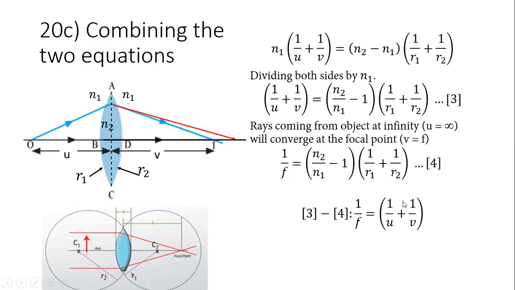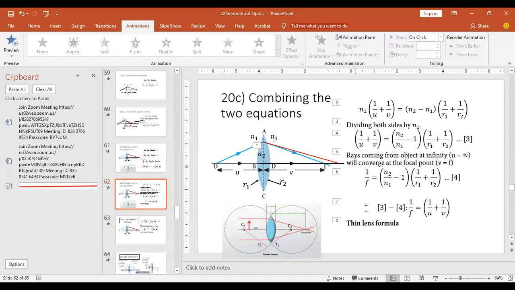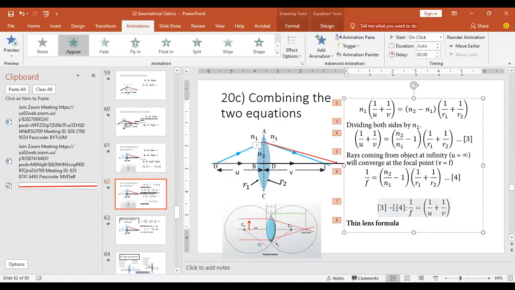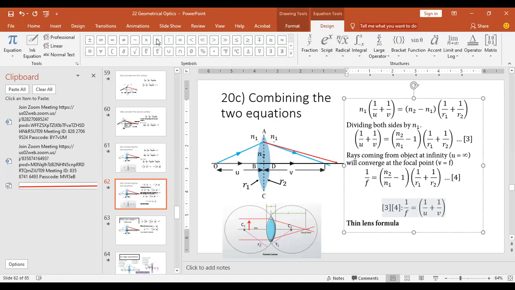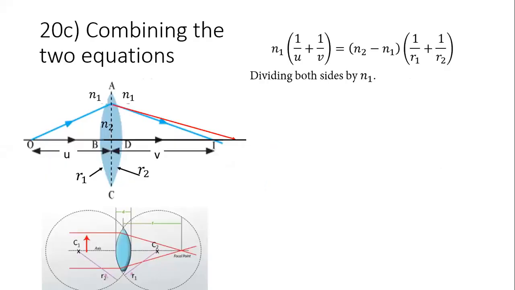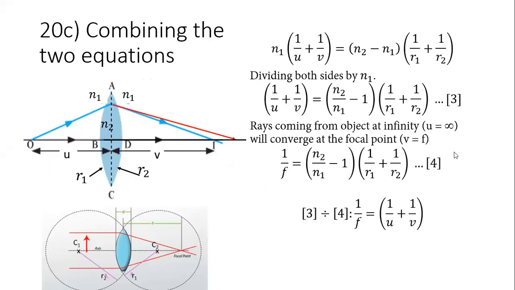Sorry. It should be 3 divided by 4. 3 divided by 4. That one will go off. This one divided by that one equals 1. That's how we get this formula. This is called your thin lens formula.